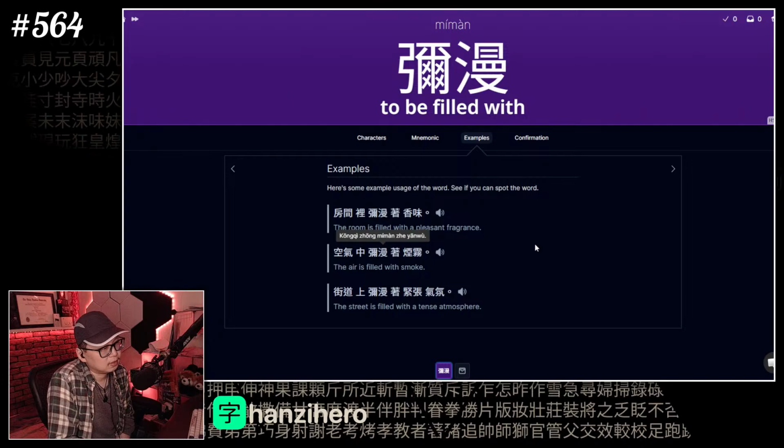Oh, fog 烟雾. So fog plus smoke 烟雾, interesting. Or a haze, fog, fine.